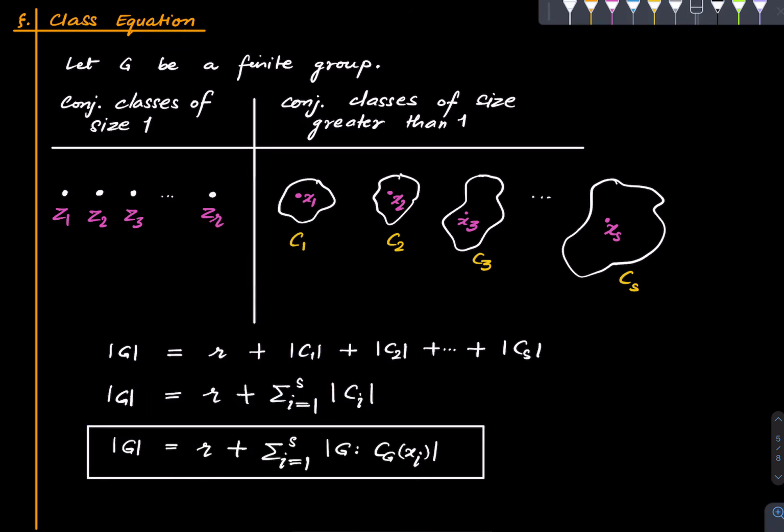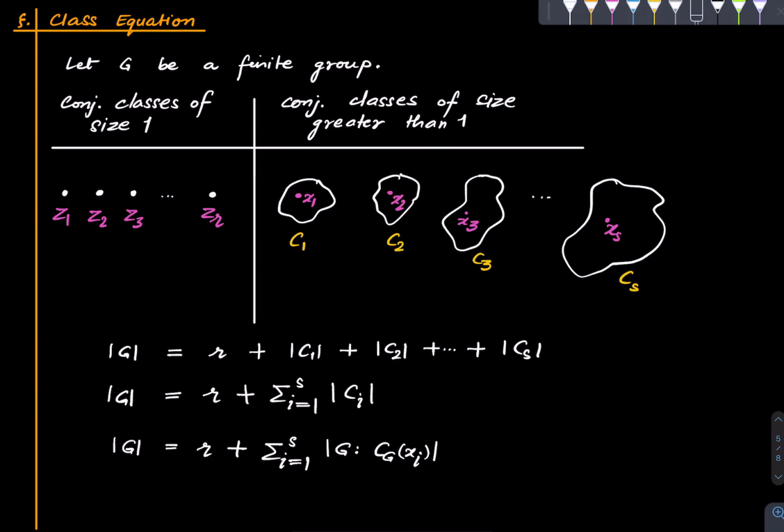So it is saying that, okay, one more thing before I box it. What is R? R is those things which have orbit size 1 under the conjugation action. And what are the things whose orbit has size 1? Those are precisely the things which commute with everything. So R is nothing but the size of the center of the group.